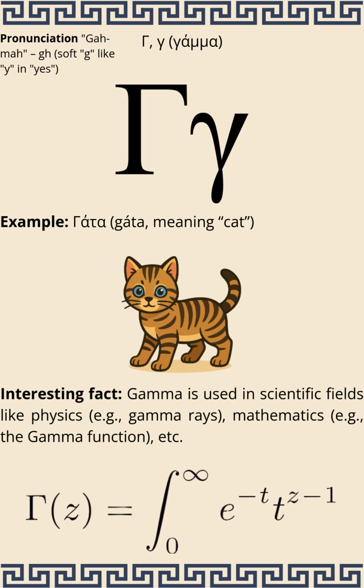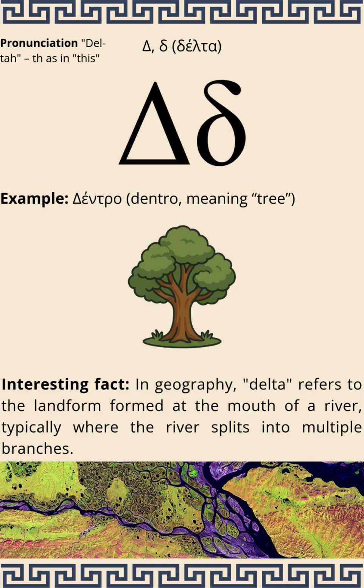I know it's a little bit difficult for some people to pronounce because some people make the sound h, but no, we want the sound g, like gata. If you see here in the pronunciation, gamma is a soft g like y in yes. Gata is an example that means cat.